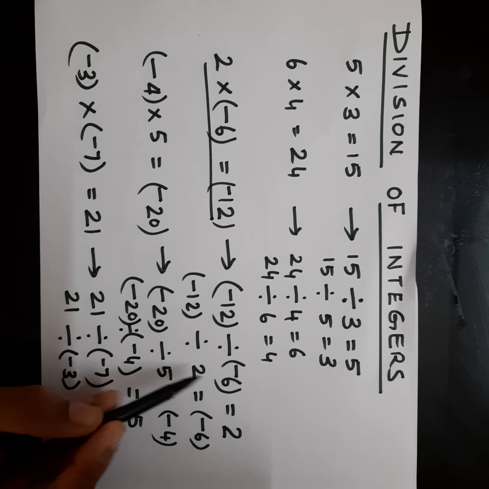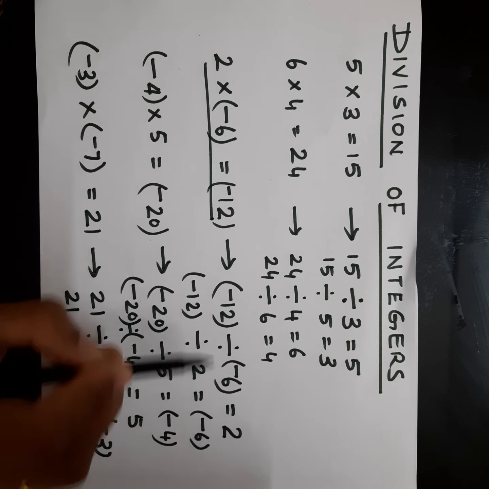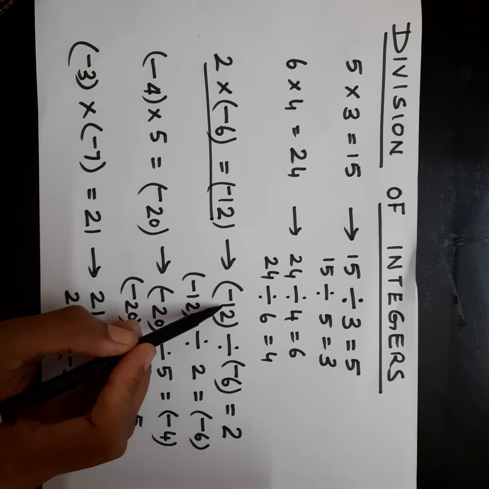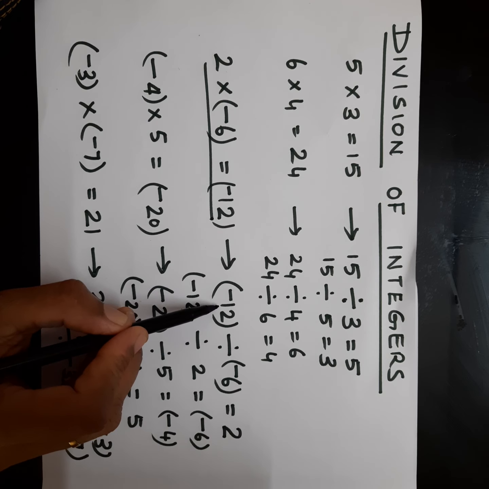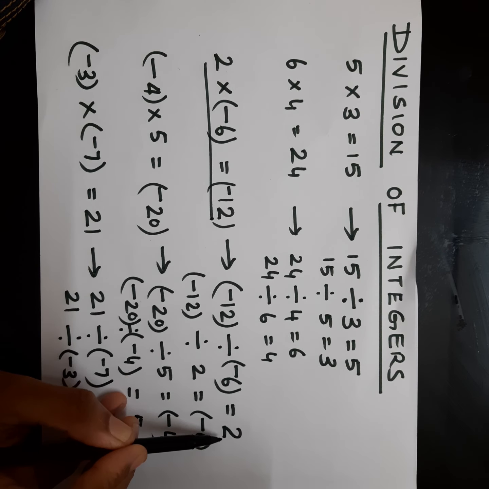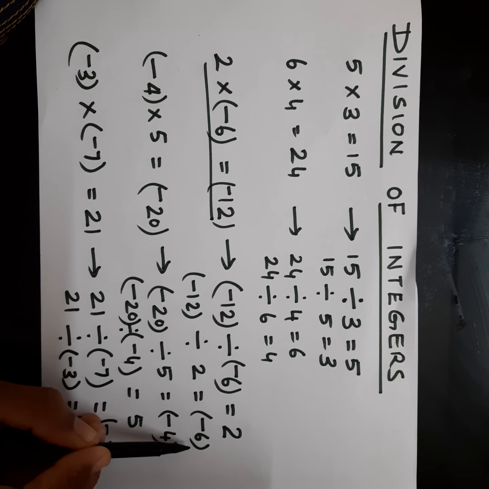These are the two division statements. Now we are analyzing them. When we are dividing a negative number by another negative number, the quotient is a positive number, and a negative number divided by a positive number, the quotient is negative.